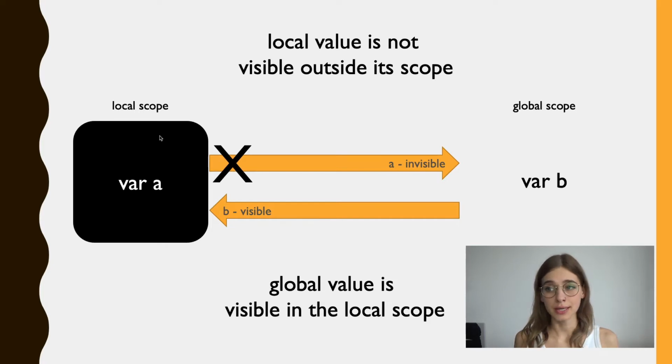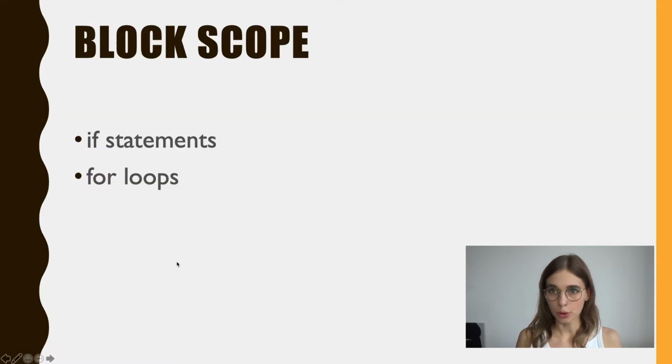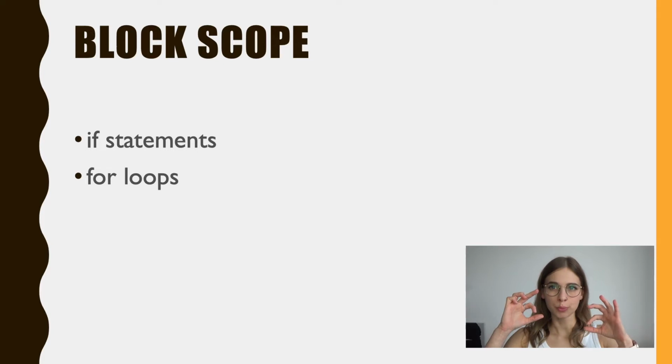If we create a variable using a keyword var, it's going to be limited by a function scope. If, however, we create a variable using a let or a const, then there is so-called block scope, and it's signified by the curly braces.